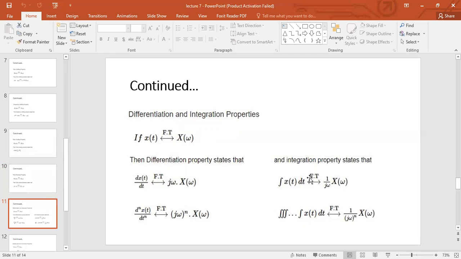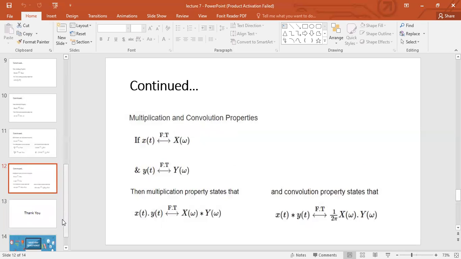Integration property states that integration of x of t dt after Fourier transform converts to 1 by j omega into x of omega. And next, multiplication and convolution properties. So we can get the product of two functions here, and here the convolution property.